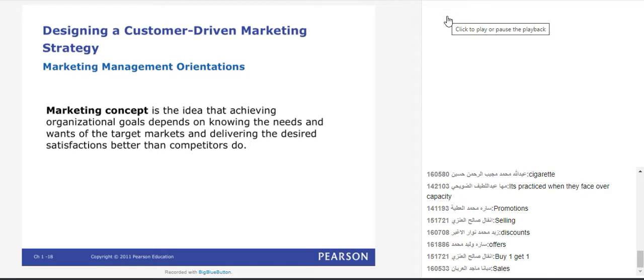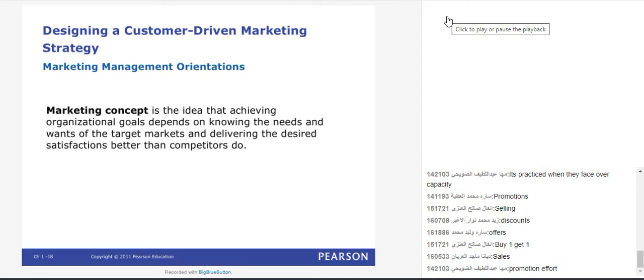Okay, moving to another era, which is the marketing concept. The idea is that it's not only about having profits for the organizations. We should consider really what the customer wants. So it's like exchange and making a relationship.